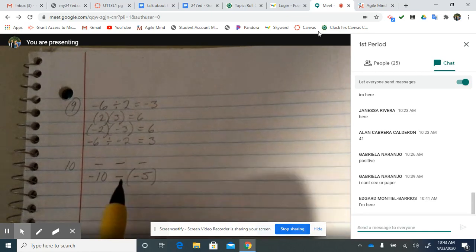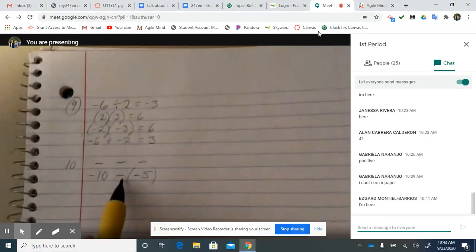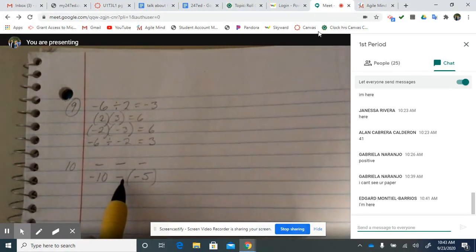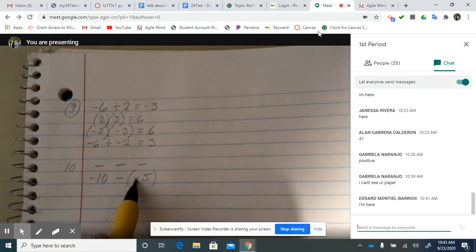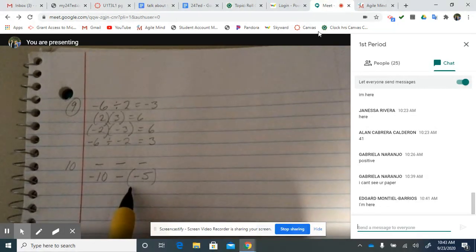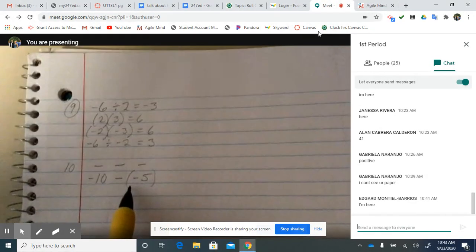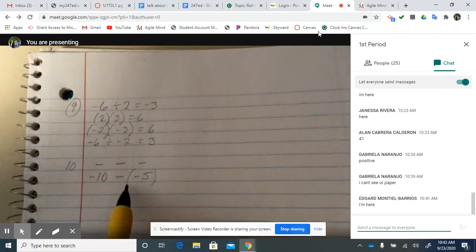Okay, so who remembers what to do when you have minus a negative? It becomes adding.